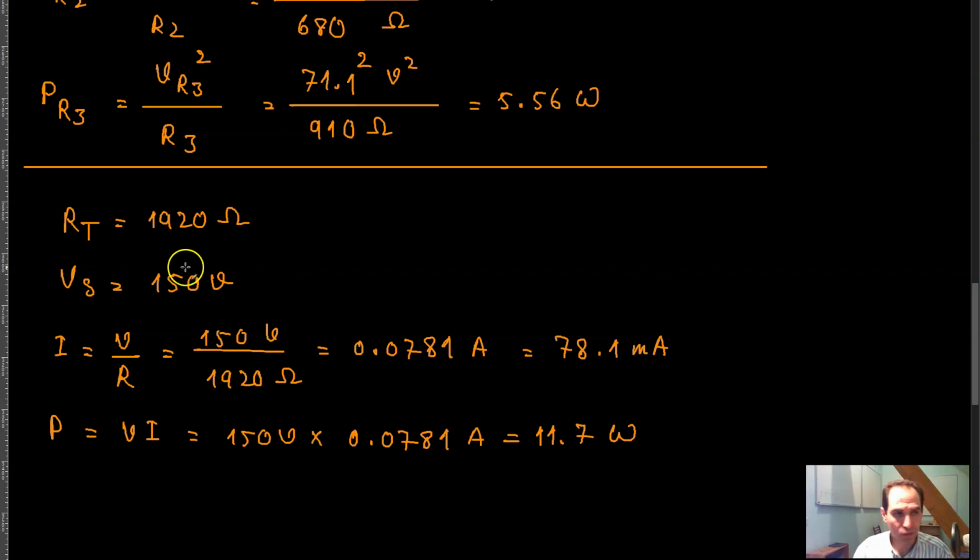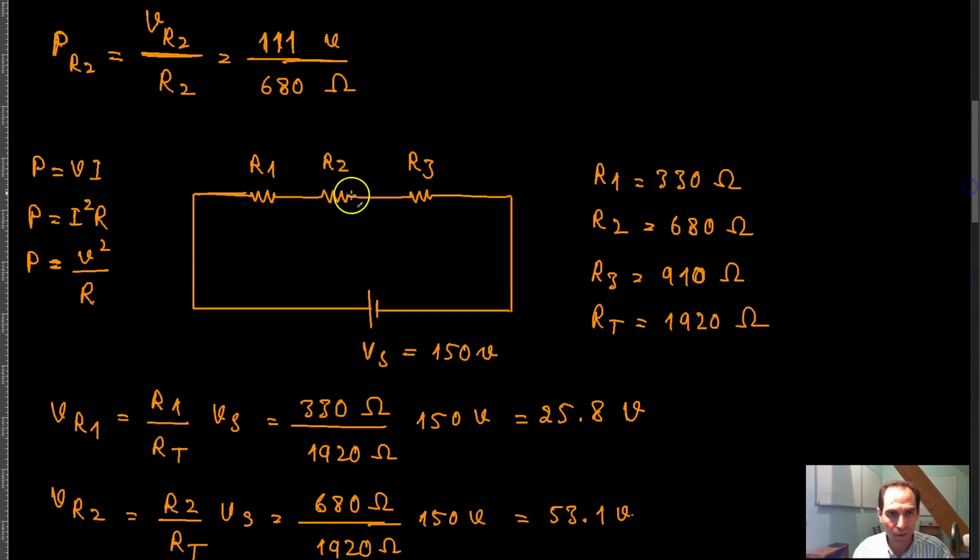which basically means that when you have a series circuit like this, the power dissipation in this resistor plus the power dissipation in this resistor plus the power dissipation in this resistor, if you add them together, that becomes the total power dissipation in the whole circuit, which is exactly like the voltage distribution in a series circuit.